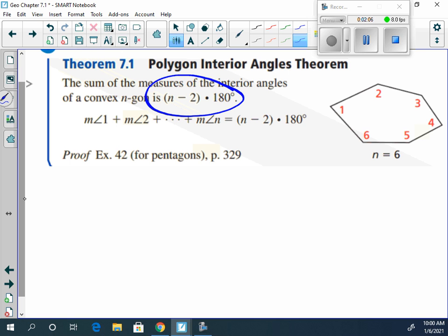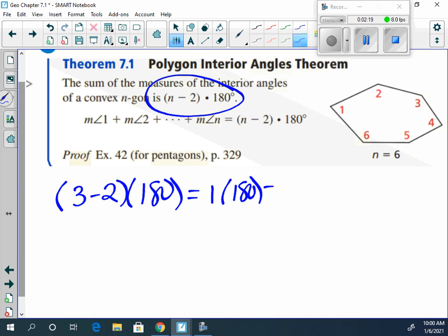So let's say a triangle. How many sides does a triangle have? 3 minus 2 times 180. Well, 3 minus 2 is 1, and 1 times 180 is 180 degrees. We know that's true. And we can do it for any multi-sided figure.